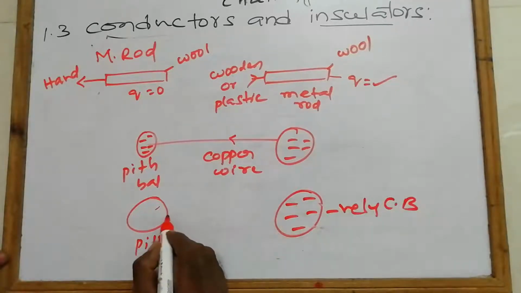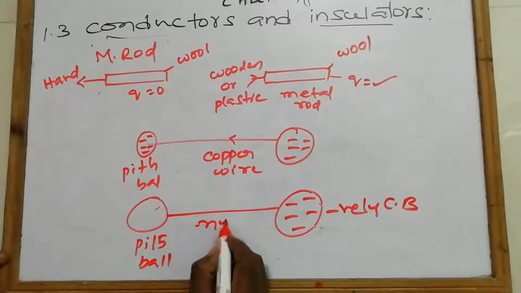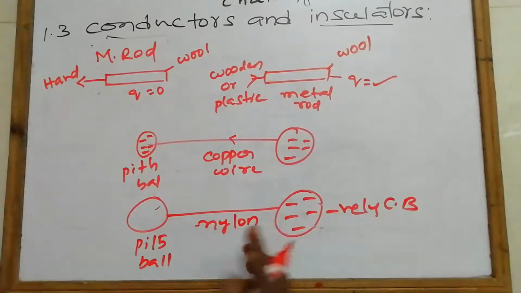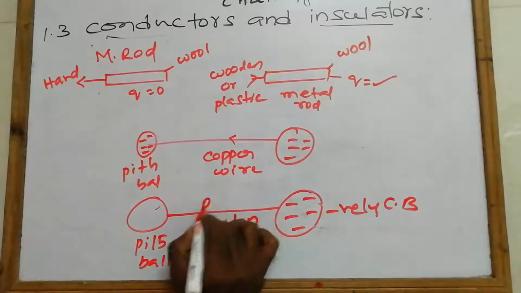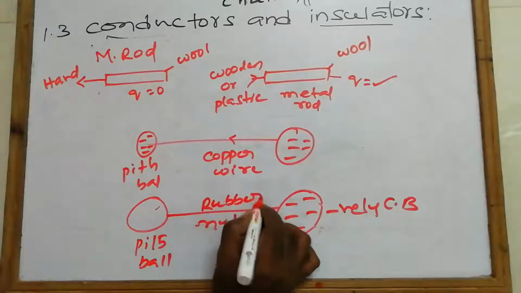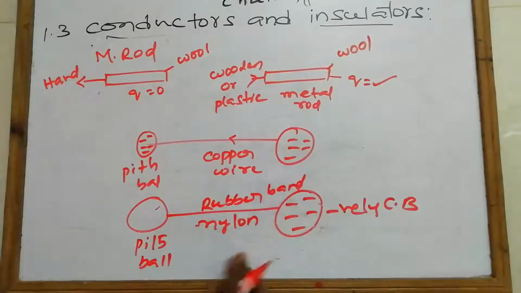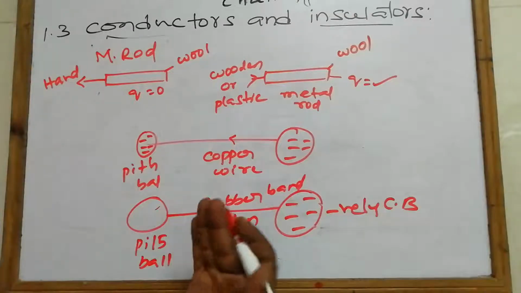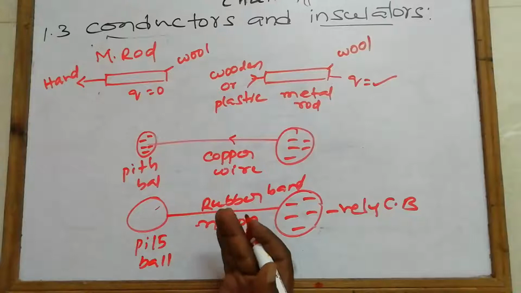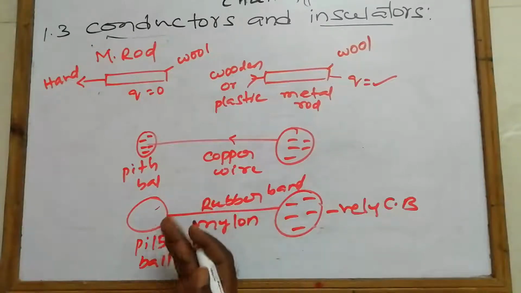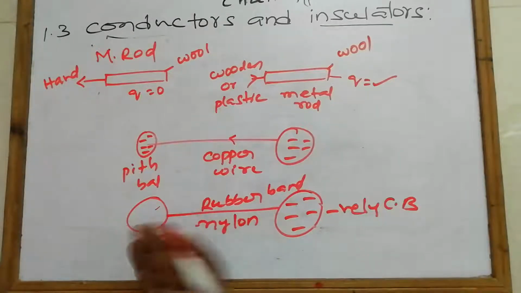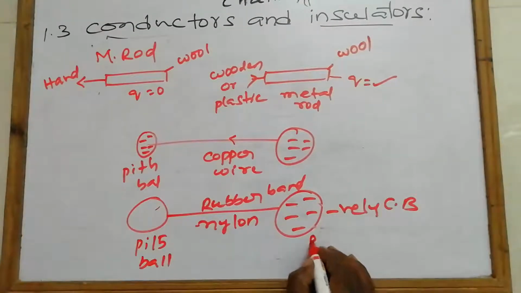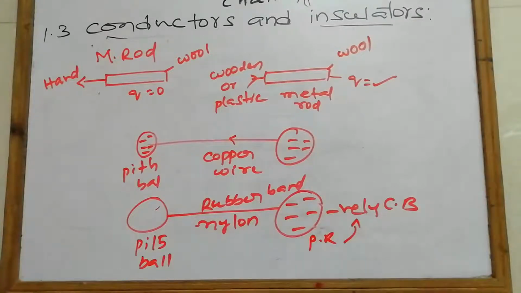When the pith ball and the negatively charged body are connected by nylon thread or a rubber band, what happens? Can charge transfer? No. No transfer of charge will take place from the negatively charged body to the pith ball.